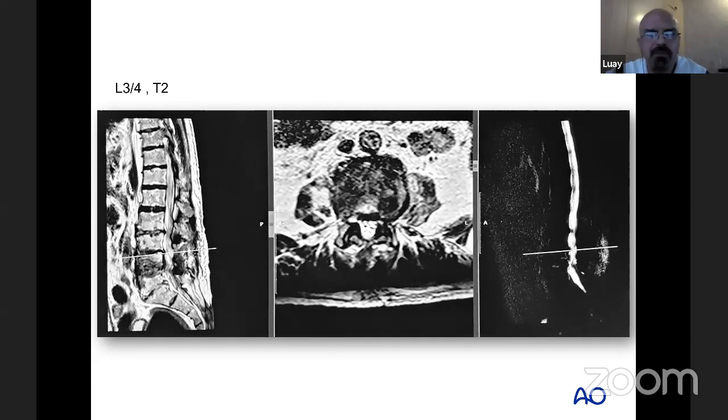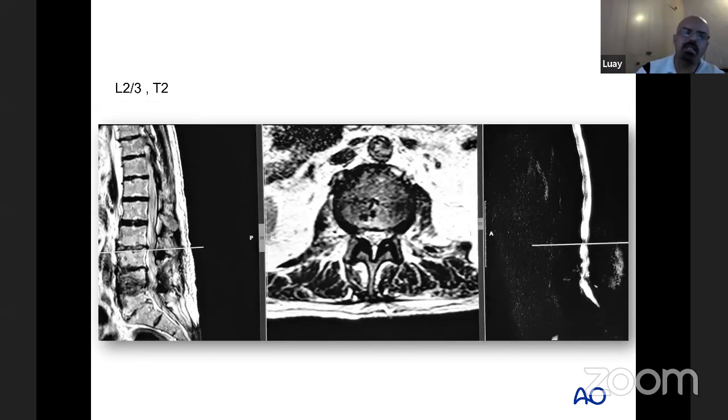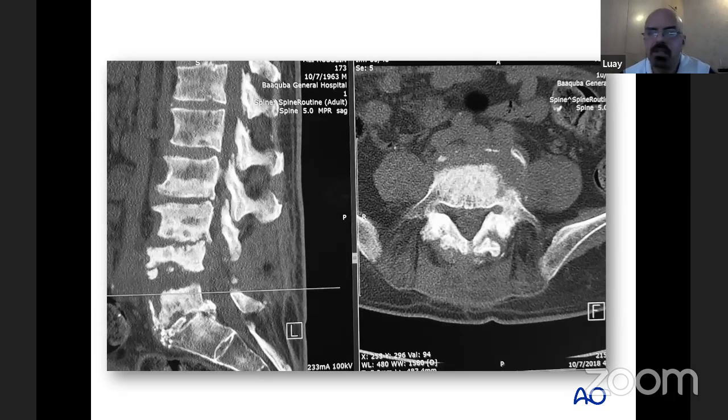So we progressed to CT scan, as Nini said, to evaluate the amount of bone destruction, because we feel that the patient is in severe instability, and we have to do that as a routine part of planning for surgery.